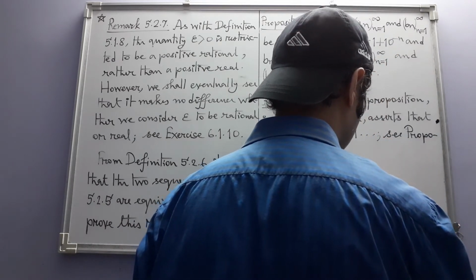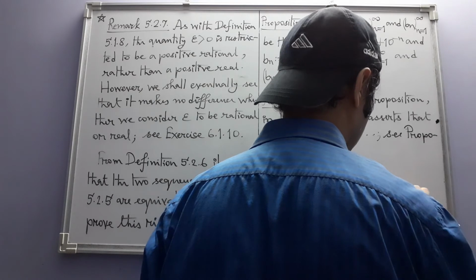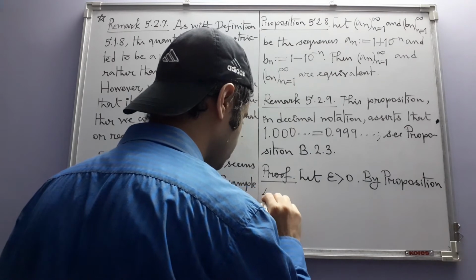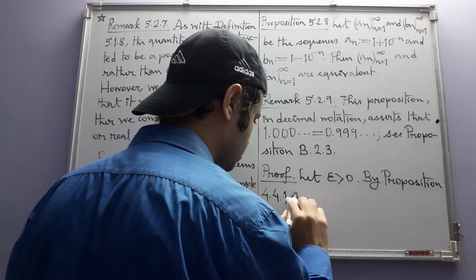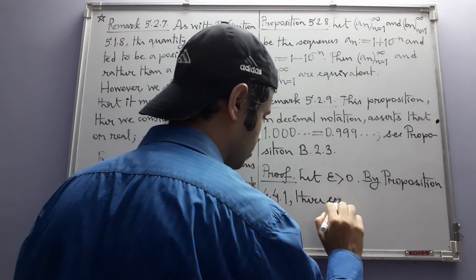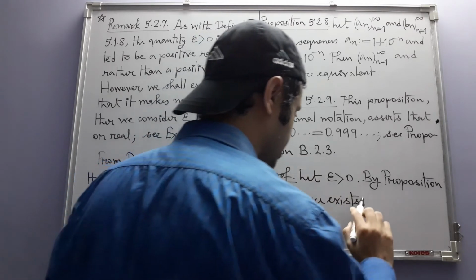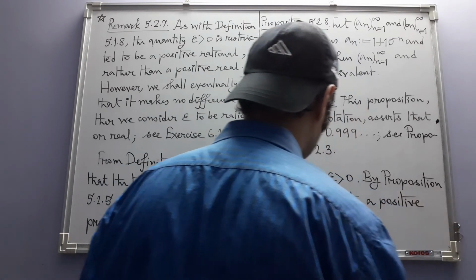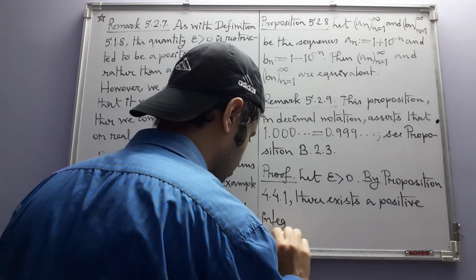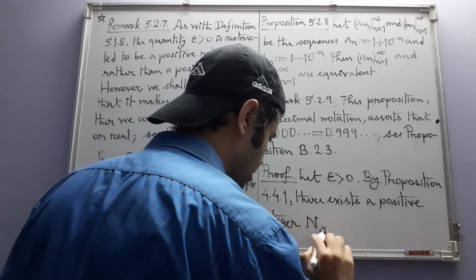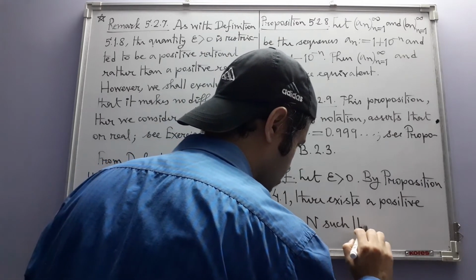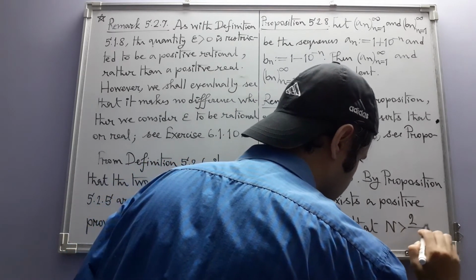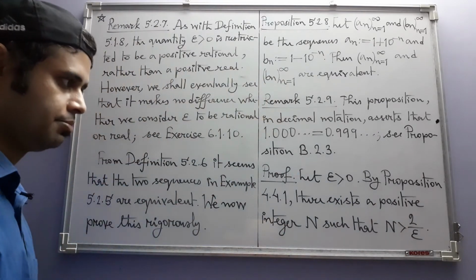By proposition 4.4.1, there exists a positive integer N such that N is greater than 2 divided by epsilon.